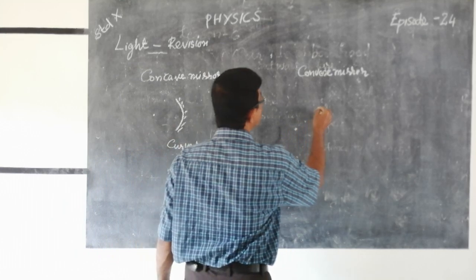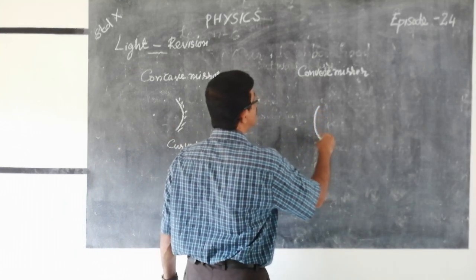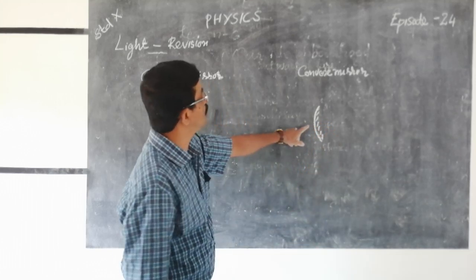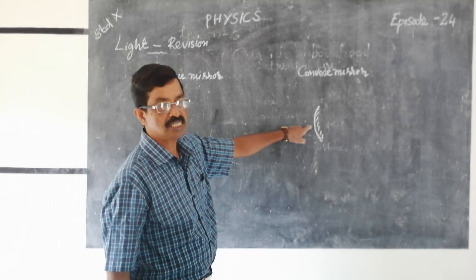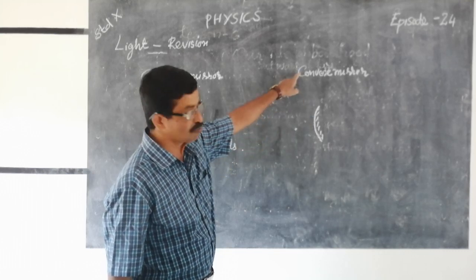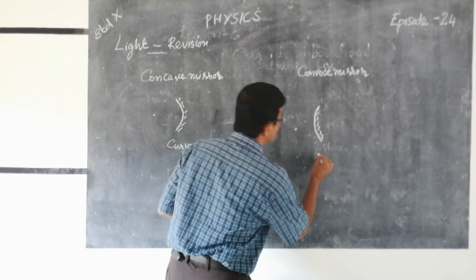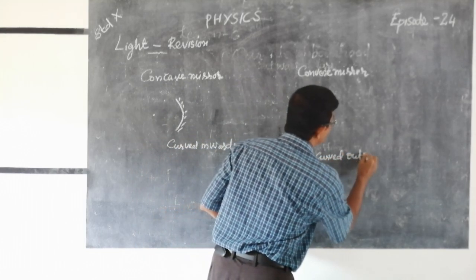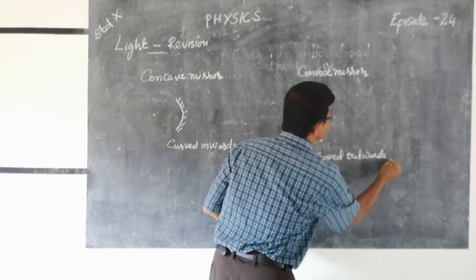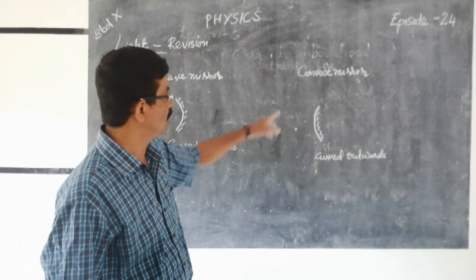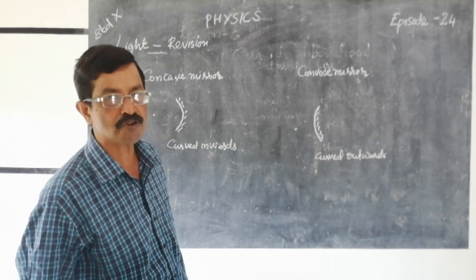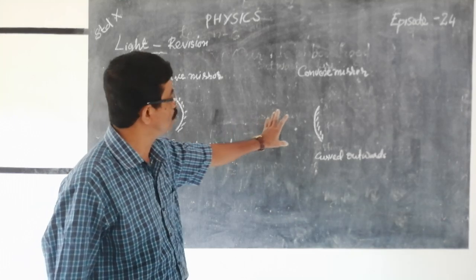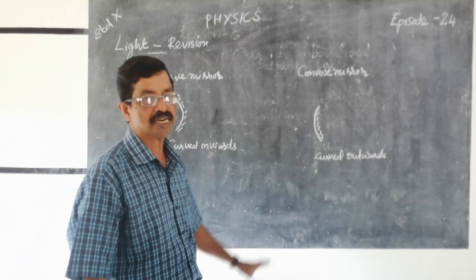And in the case of a convex mirror, this is the rough surface, and this one is the reflecting surface. The reflecting surface is curved outwards. These are the two types of spherical mirror.